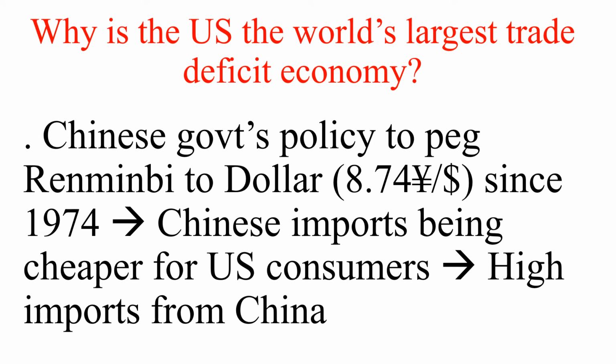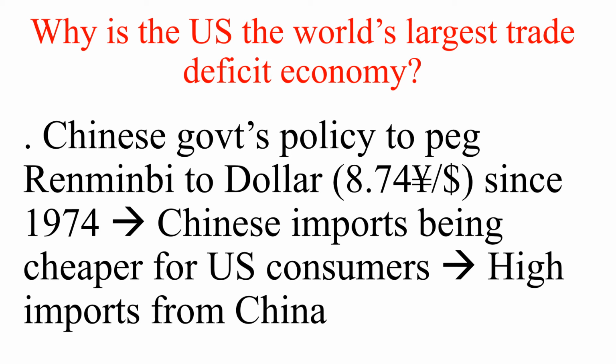Because if they didn't fix the exchange rate value, then the Chinese economy's fast growth would translate into Chinese money, yuan, appreciating faster, and as a result, Chinese products being more expensive for U.S. consumers and U.S. products being cheaper for Chinese consumers, and therefore the U.S. would export more to China and import less from China, creating a smaller trade deficit with China.